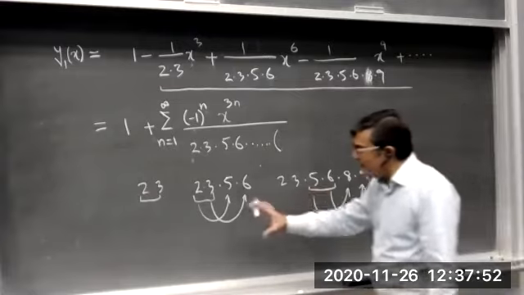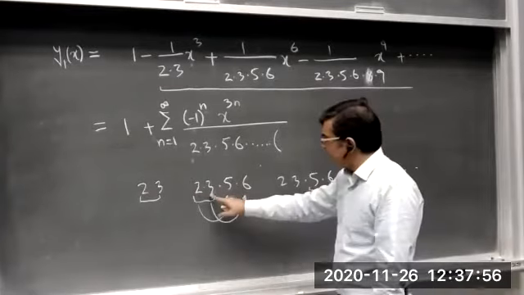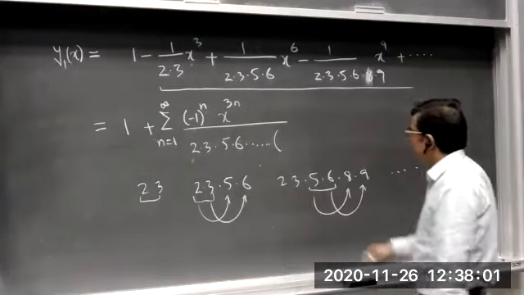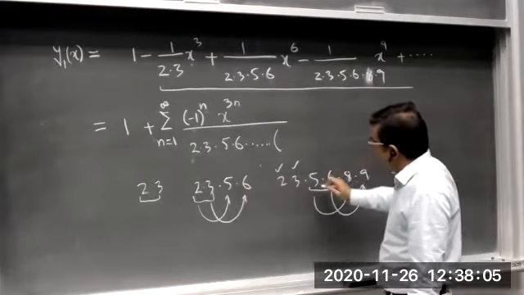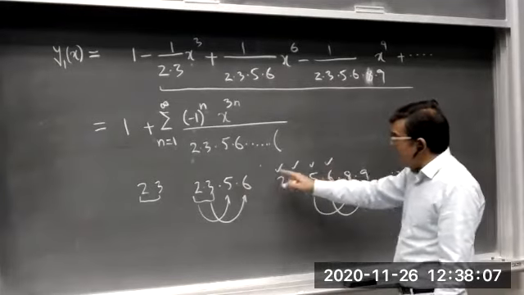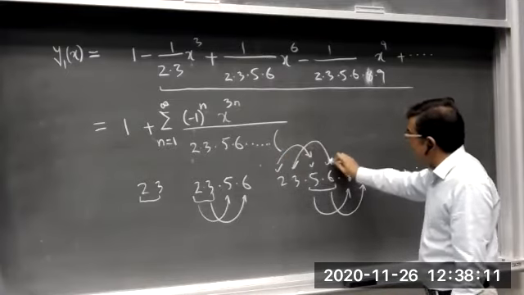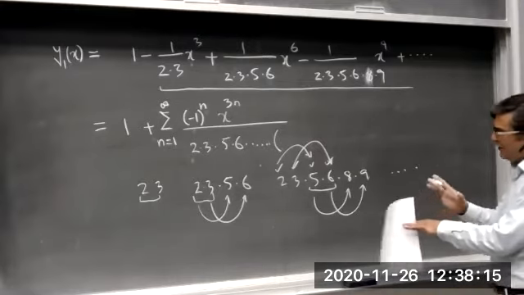So कितना गैप है इसमें? 2 to 5 3 का, and then 3 to 6 कितना डिफरेंस है? 3 का. So basically in each first term, if we add 3, we obtain this, and if we add 3 here, we obtain the second number. So this is the pattern in the denominator.